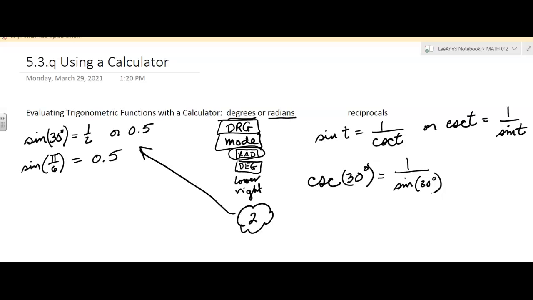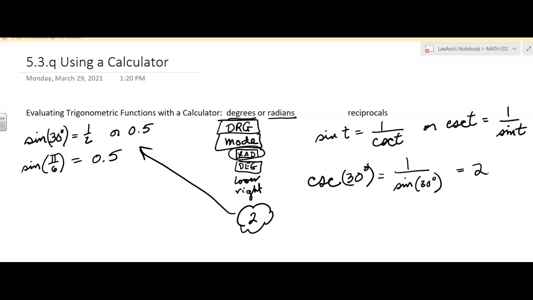Caught that in time. Okay, I'm in degrees. So 1 divided by sine 30. And you don't have to put the degree symbol because it already knows it's in degrees. We'll hit enter, and we get 2, which is what we were expecting.